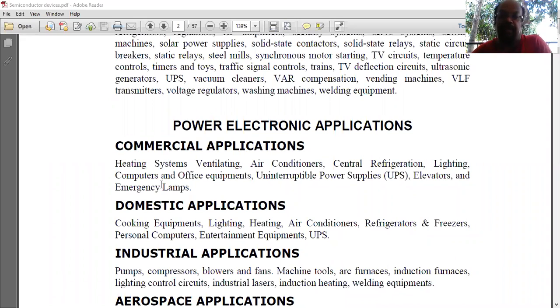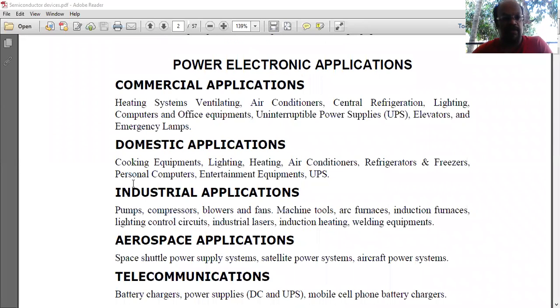Earlier, we did not have any mechanism like that. We could either switch the lamp on or off. We could not have any illumination control of the light. That is also possible now. Likewise, domestic applications: cooking equipment, lighting, heating, air conditioners, refrigerators.